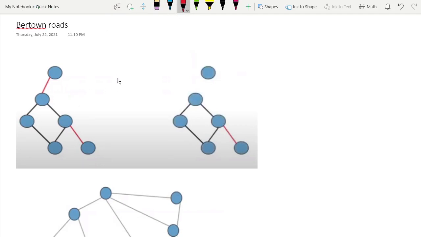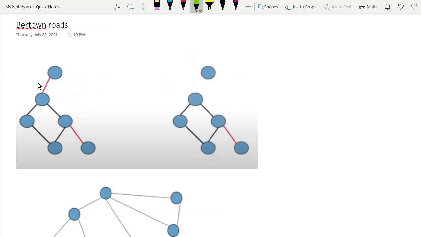First we will discuss what bridges mean. Bridges means whenever you remove an edge and the number of connected components gets increased after removing that edge, then that will be a bridge of that graph.